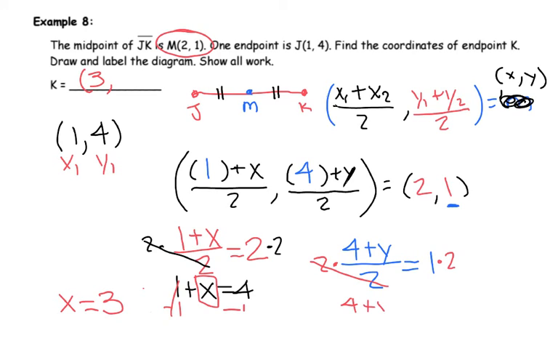You bring down 4 plus y equals 2. Solving for y now, I'm going to subtract 4 from both sides. So you end up with y, because those canceled out, equals 2 minus 4, negative 2. So we get K to be 3, negative 2.